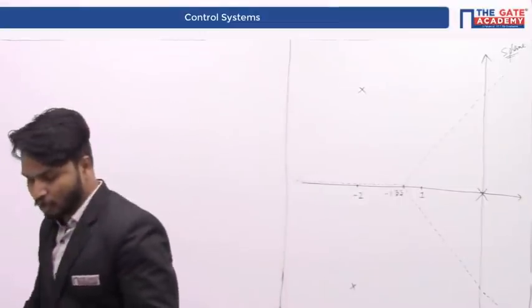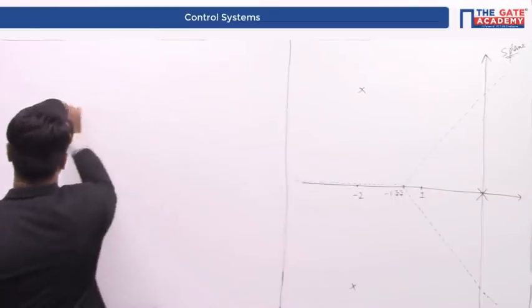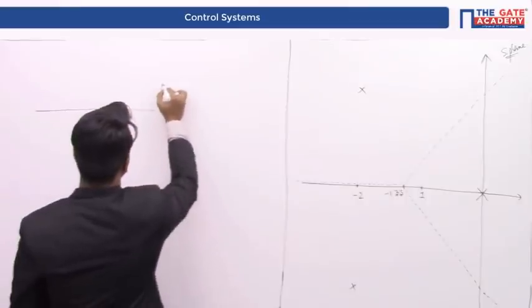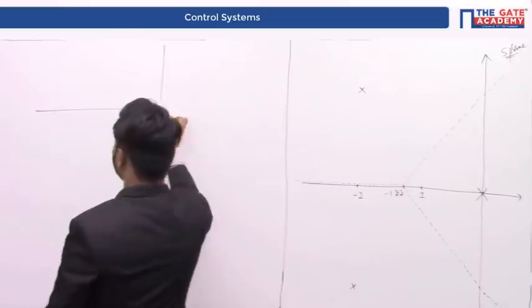We have both a numerical calculation procedure as well as a geometric procedure, but the procedure a smart guy adopts is always the geometric procedure. Let us say we have a pole here.